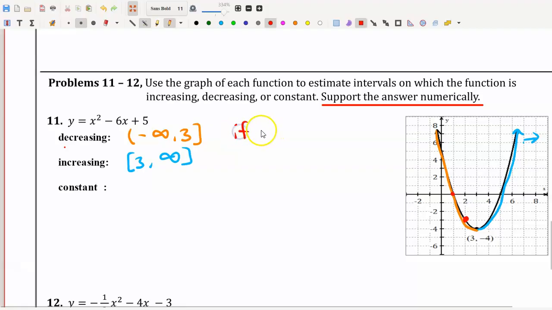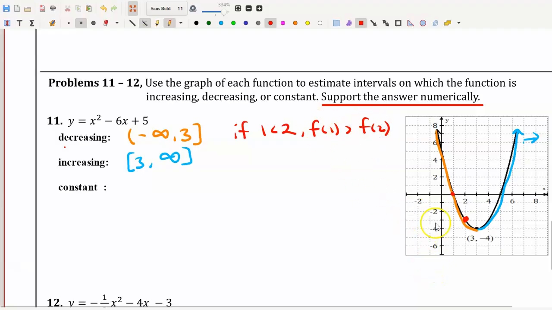if 1 is less than 2, as in x, this 1 and this 2, if 1 is a smaller number than 2, then the f of 1 is going to be bigger than the f of 2. What does that actually mean?